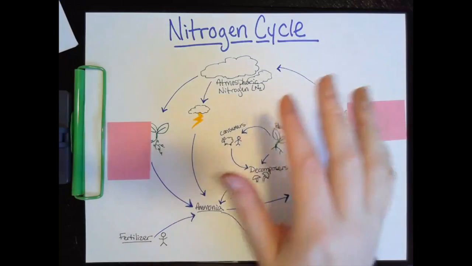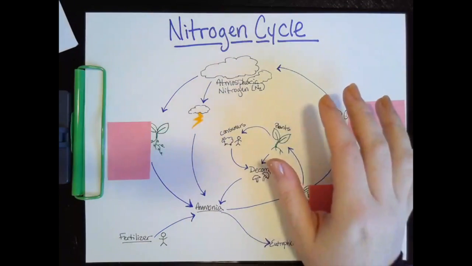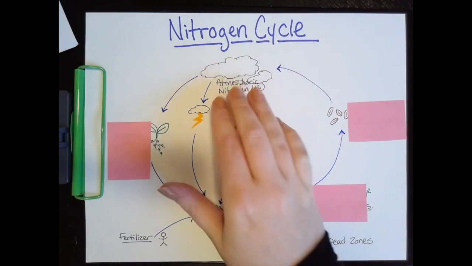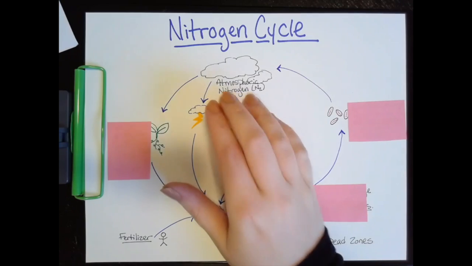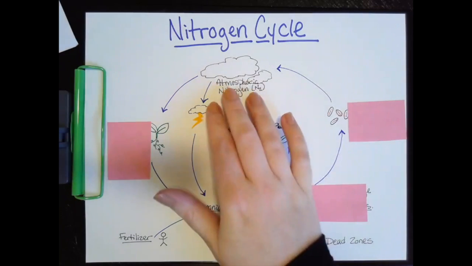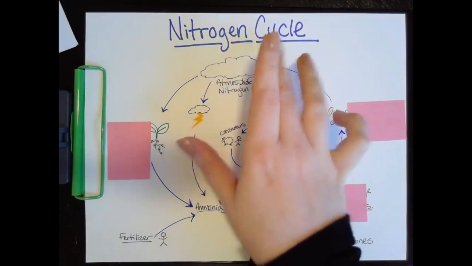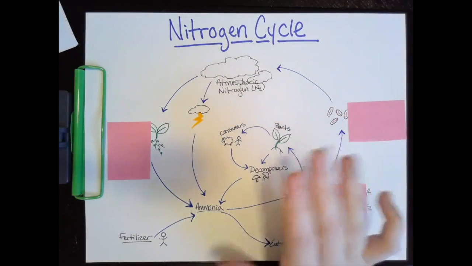It's not a kind of nitrogen that almost any living thing can use. Plants can't use atmospheric nitrogen to get what they need. We can't use atmospheric nitrogen to get what we need. So we need to change that atmospheric nitrogen, N2, into something else that our bodies can use.